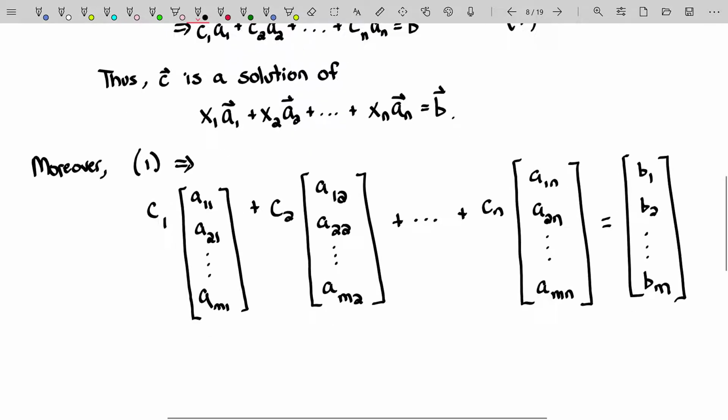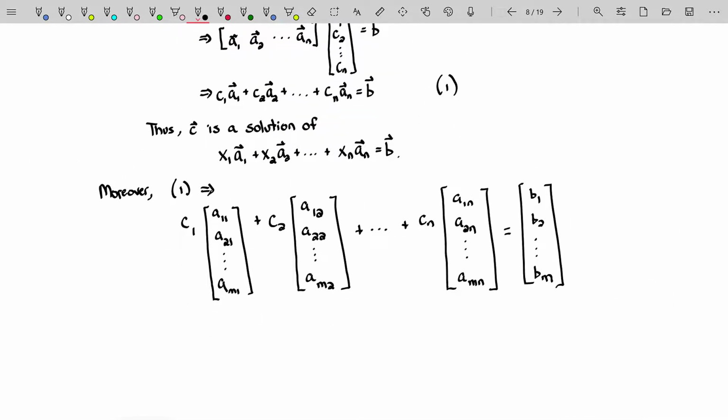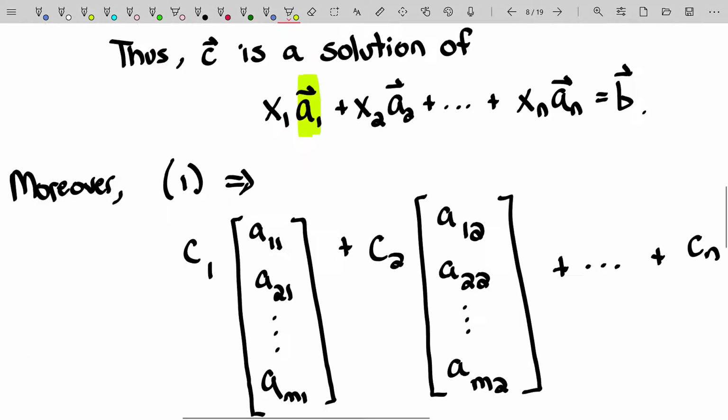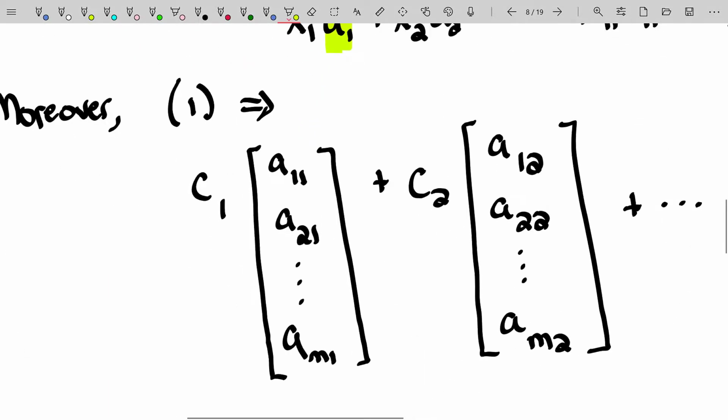Now that looks pretty messy, but all I'm basically saying here is that the column vector A sub 1 has m elements, because I'm assuming that A is an m by n matrix. And so what I'm doing here is labeling appropriately.